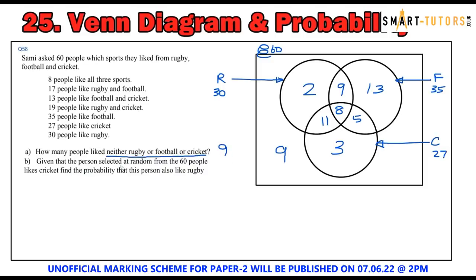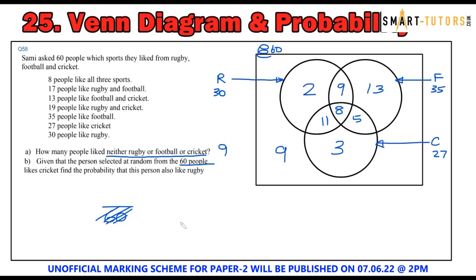Given that a person selected at random from the 60 people likes cricket, find the probability that the person also likes rugby. This question is a little bit trickier. They are selecting the person from the cricket circle.